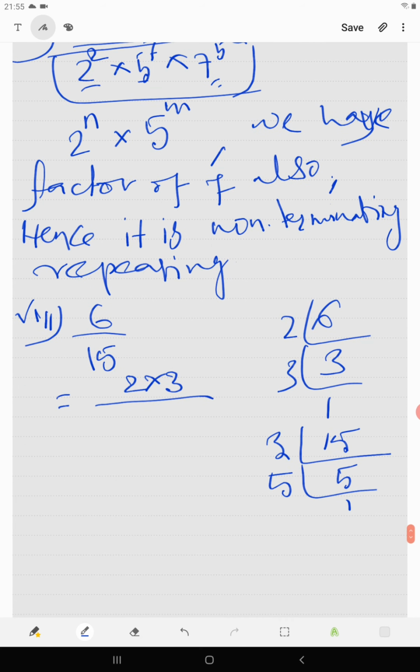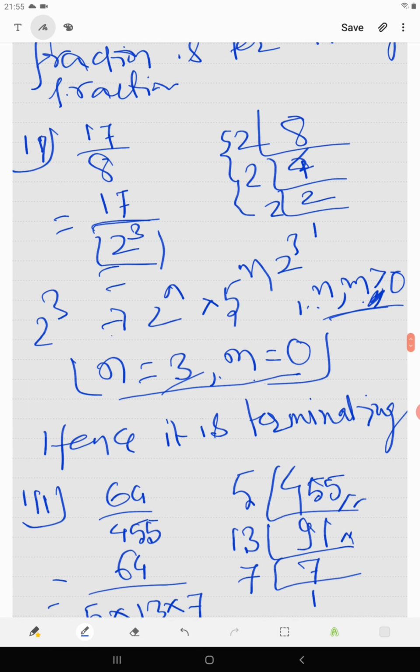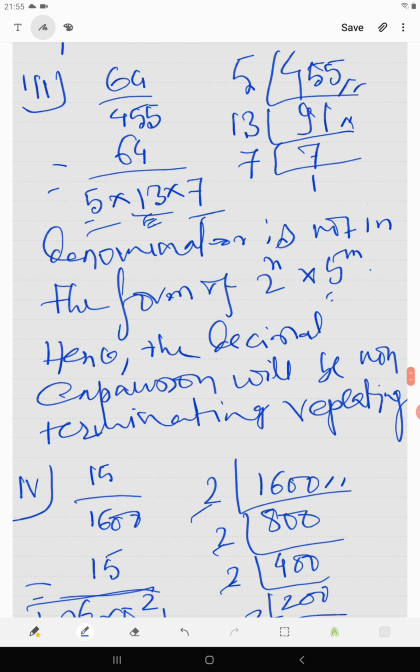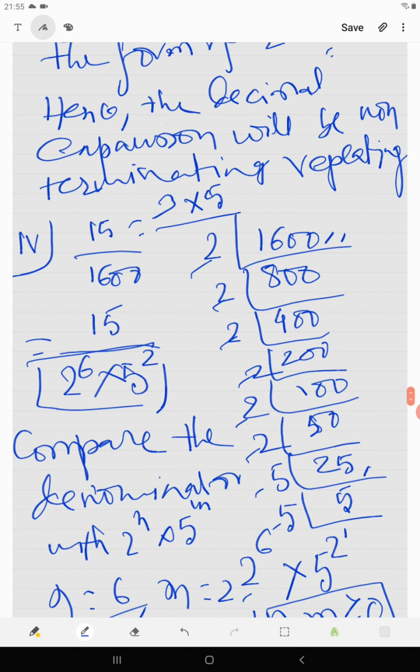Actually, in 15 by 1600 also you can do it like this. I didn't do this, but even after doing, if you see, 15 is 3 into 5 and 1600 is 2 to the power 6 into 5 square, of course. So removing a 5, we get 3 by 2 to the power 6 into 5.